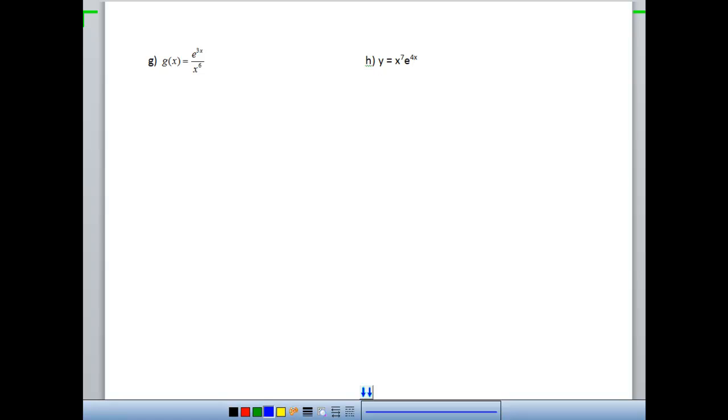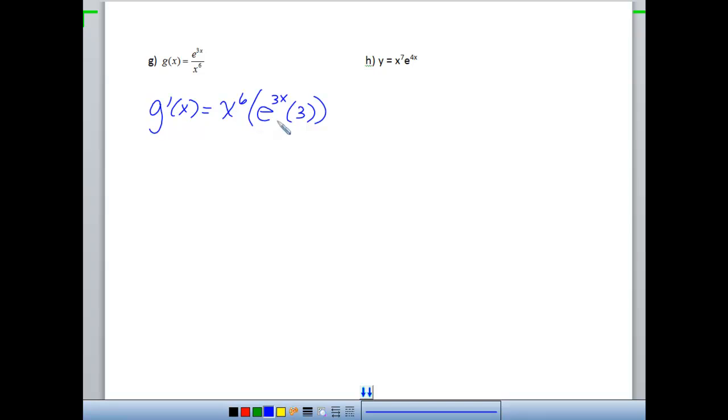It's a quotient. So we have to use the quotient rule. We're going to do low d high minus high d low all over low squared. So g prime of x equals x to the 6, low, times derivative of high, which is going to be e to the 3x times 3.